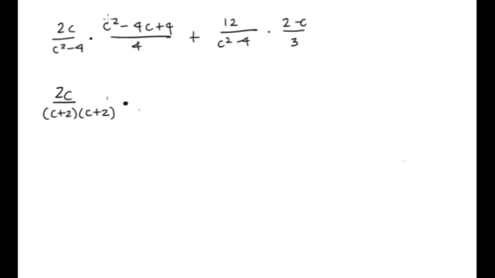And now we should factor this top half, right? So how do you factor c squared minus 4c plus 4? Well, c minus 2, c minus 2, right? Because it's kind of an art. Factoring is an art. You either get it or you don't, and only through practice can you really get good at it.